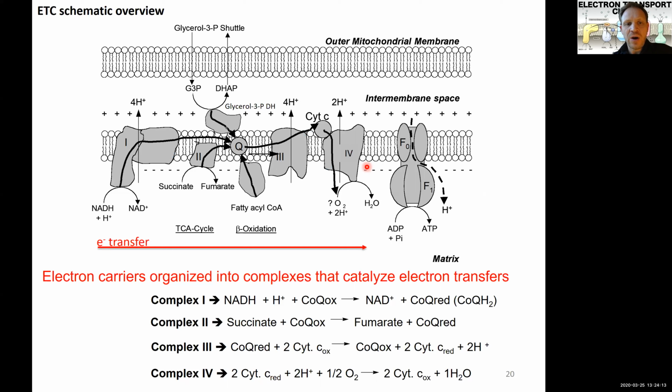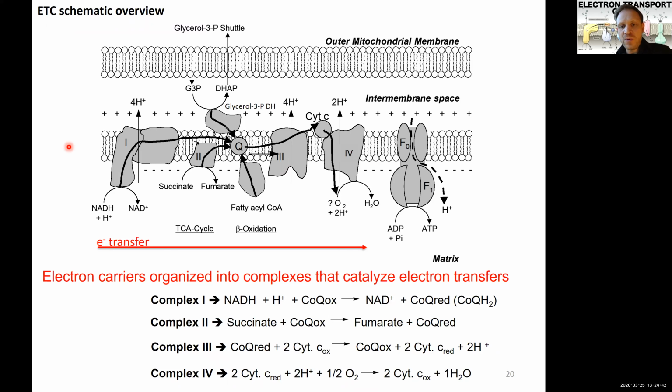We also see our shuttles. The glycerol-3-phosphate shuttle is bringing in electrons to CoQ, and then we have our 2 additional enzymes here. Also the fatty acyl-CoA dehydrogenase I mentioned in the beginning, which is bringing in FADH2 electrons from beta oxidation. Our electron transfer will go from left to right across these complexes.